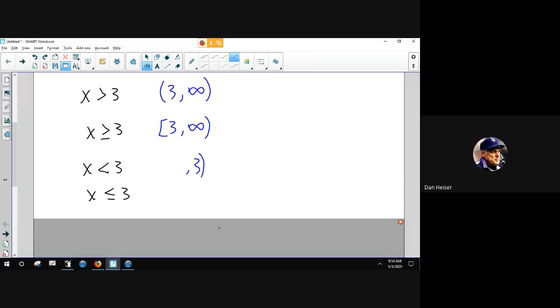X gets smaller than 3. So that means it's going to negative infinity. In other words, I could have any number from negative infinity all the way up to, but not including 3.